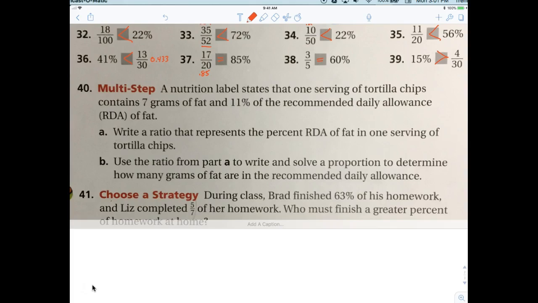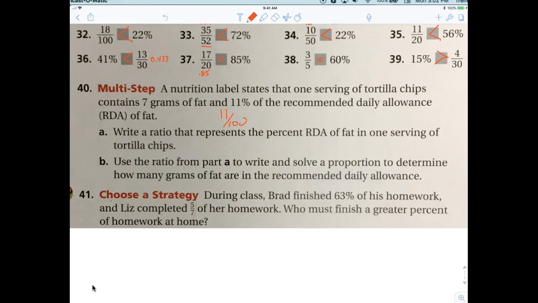A nutrition label states that 1 serving has 7 grams of fat and 11% of the recommended daily allowance. Write a ratio that represents the RDA of fat in 1 serving. So, 11% is what fraction? 11 over 100. Don't make it harder.